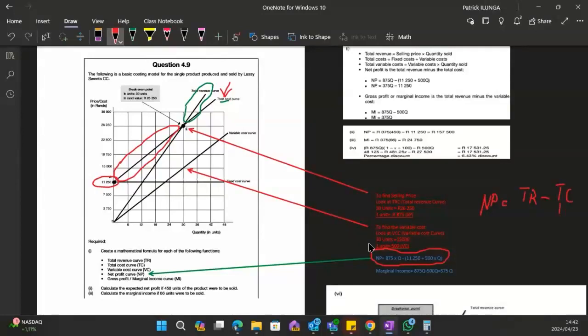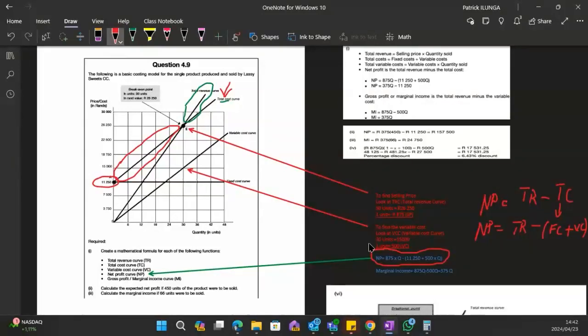This total cost equals, in brackets, fixed cost plus variable cost. So now that means total revenue minus the total cost we have replaced, which is fixed cost plus variable cost. So that's your net profit.